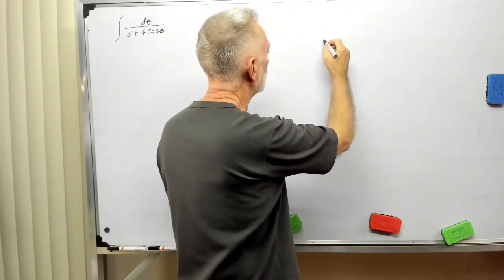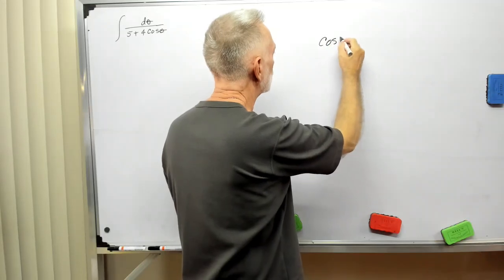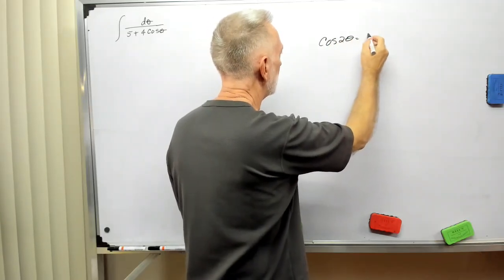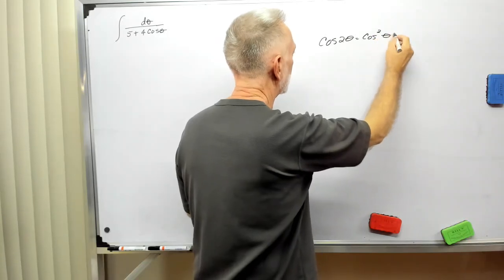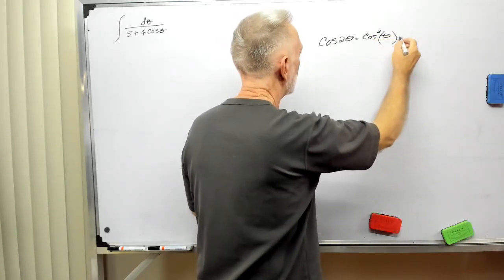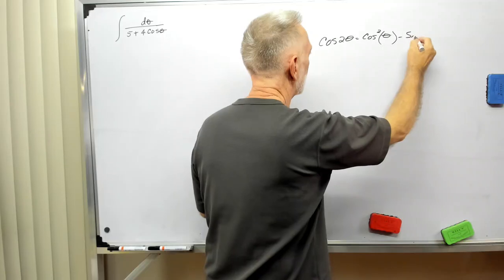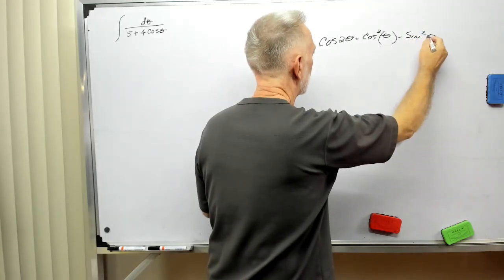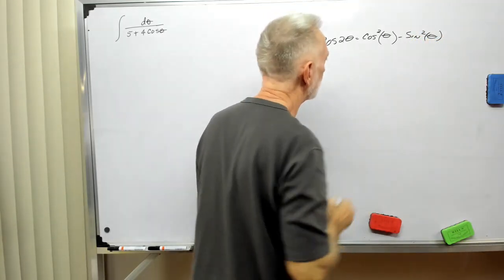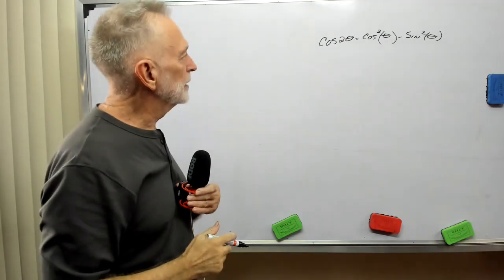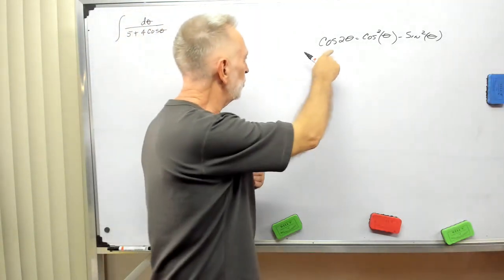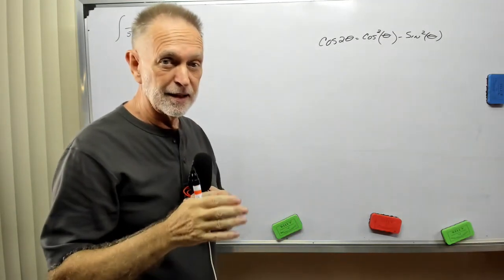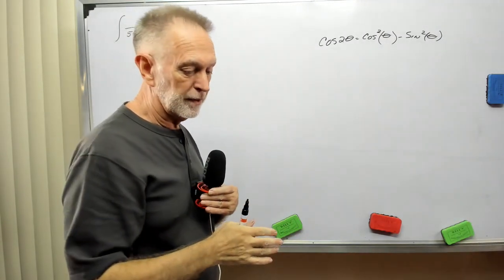All right, so you know cosine 2 theta equals cosine squared theta minus sine squared theta. Okay, well that didn't really do anything for me, because I need cosine theta, not cosine 2 theta.